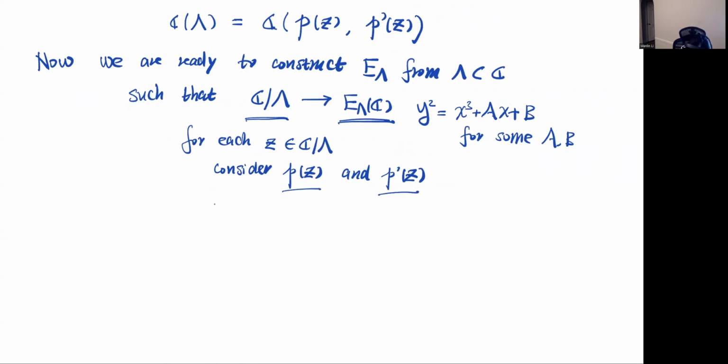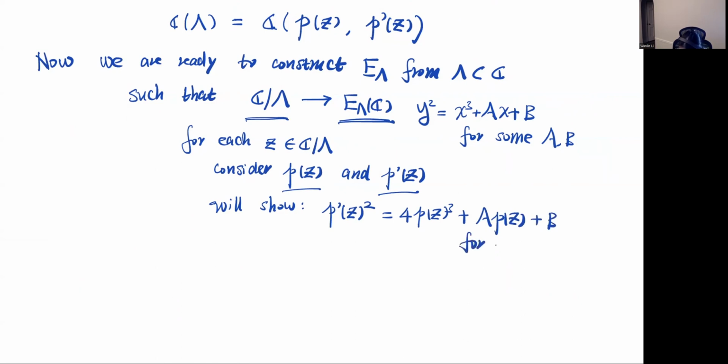Namely, we will show that p prime of z squared equals 4 times p of z cubed plus a p of z plus b, for some very explicit a and b. Okay, this is what we will show.